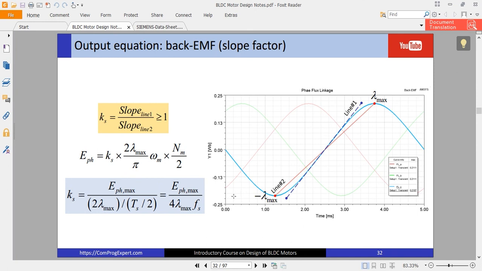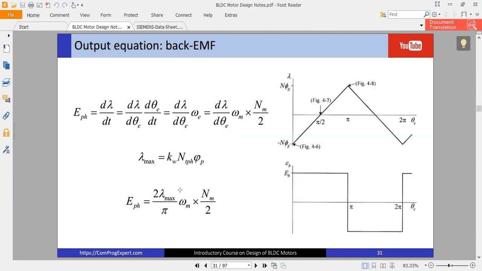This figure shows the phase flux linkage for a 3-phase BLDC motor. If I want to calculate the phase back EMF, I should calculate the derivative of this waveform. As you can see, the derivative in the middle of this waveform is the maximum, so the maximum induced phase voltage is higher than this expression.